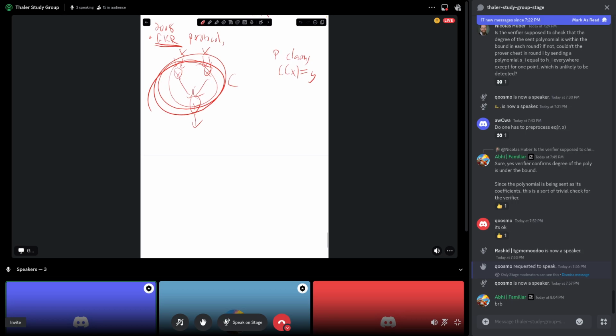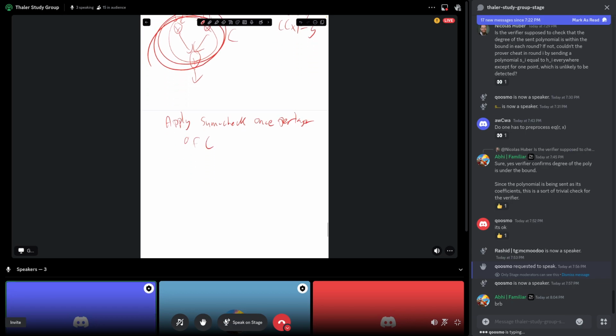And so what the GKR protocol will do is apply the sum check protocol many times. We'll talk about this in great detail in a few weeks. So it won't apply sum check just once. It will apply sum check once per layer of the circuit, starting with the output and moving towards the input.